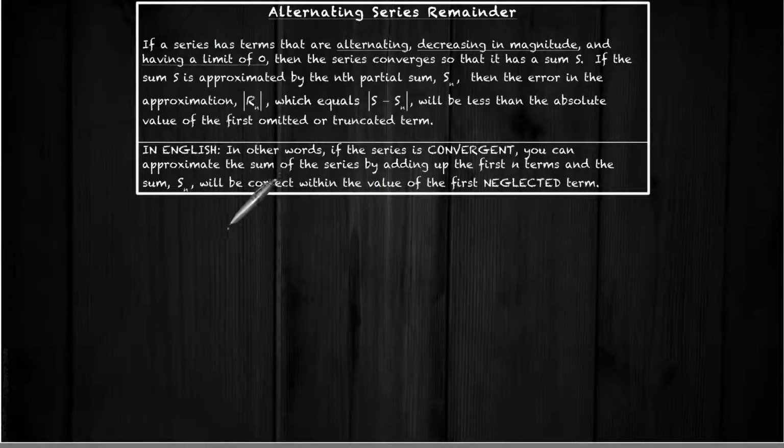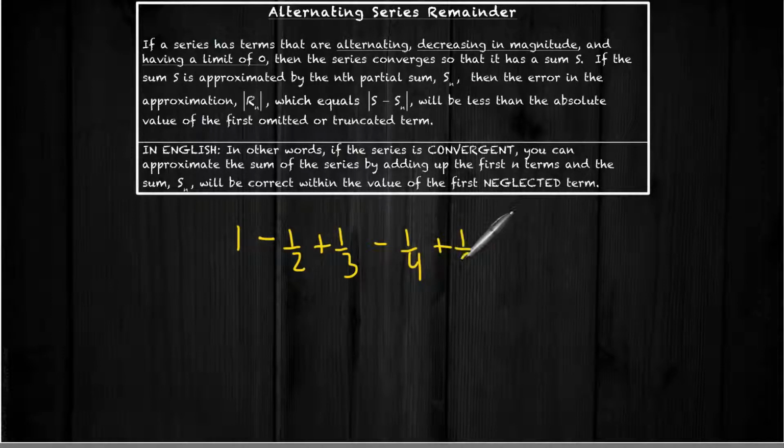Let's say we have some series that gives us the following terms. 1, and then minus 1/2, and then plus 1/3, and then minus 1/4, and then plus 1/5, and then minus 1/6, and on and on and on.